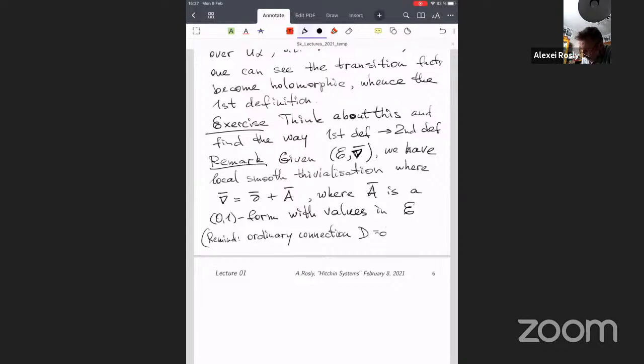Locally it is written as the de Rham operator d plus a 1-form. Oh, sorry, not with values in E, with values in matrices.